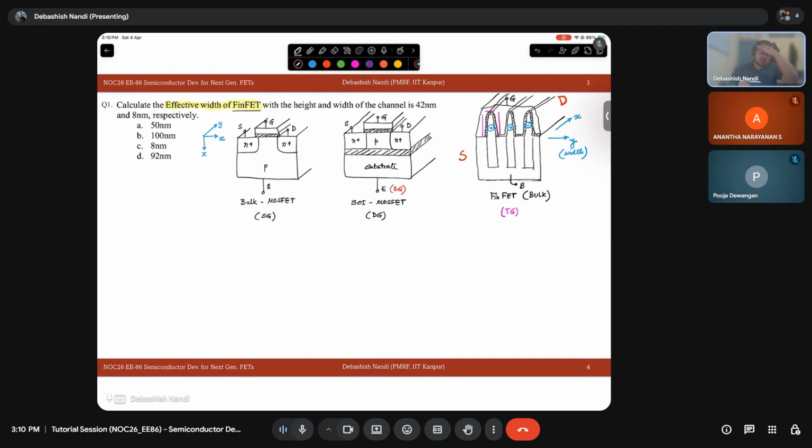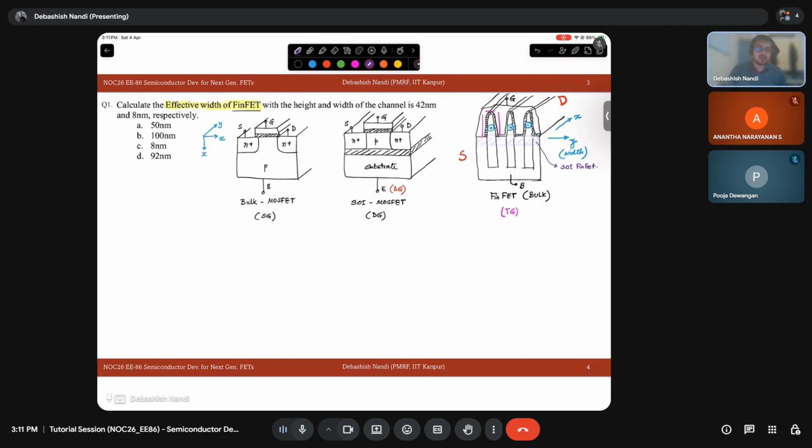There can be an SOI type as well. For that, you just need to put a box here. That type we call SOI FinFET. So it comes in two flavors.